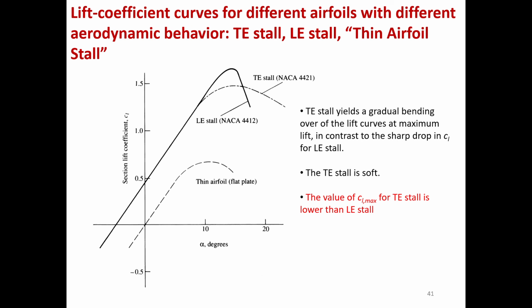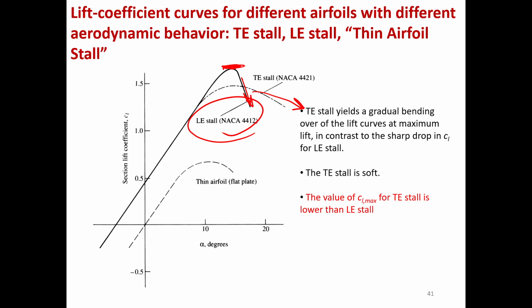So if you want to compare the stall conditions, you will see that with the leading edge stall, you will get a higher CL max, but the stall is more dramatic, with a very sharp decrease. Whereas with the trailing edge stall, your CL max won't be as high, but the decrease in the lift is not as dramatic and as drastic as the others.